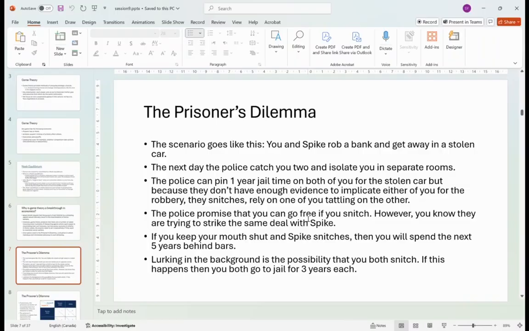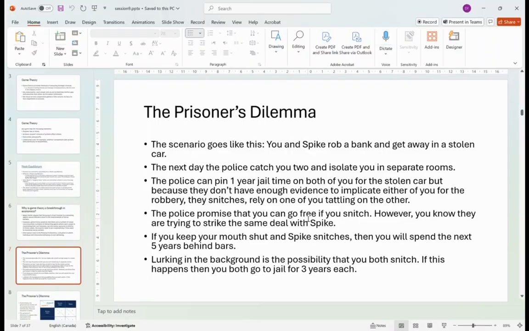Then the other robber would go free, 0 years of jail, but I would go to jail for 5 years. What if both of us snitch? In that case, because it's a shared crime, a joint crime, each robber would go to jail for at most 3 years.